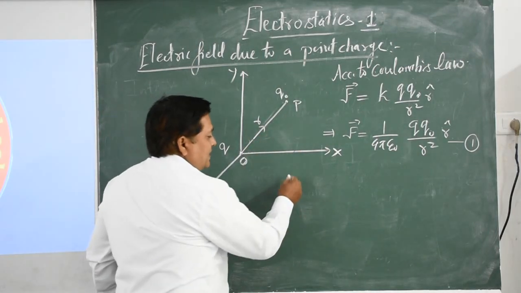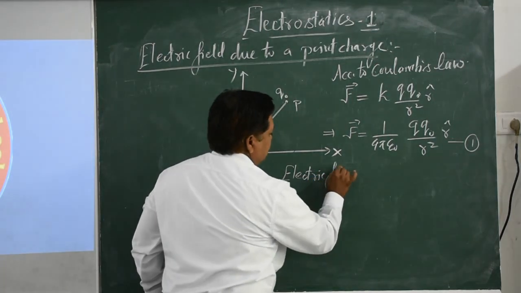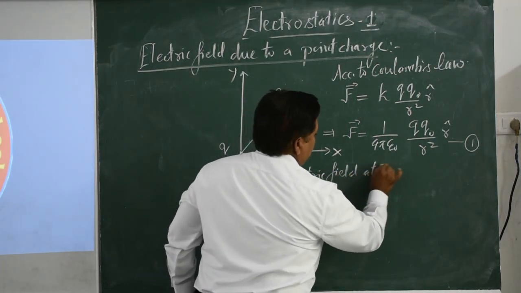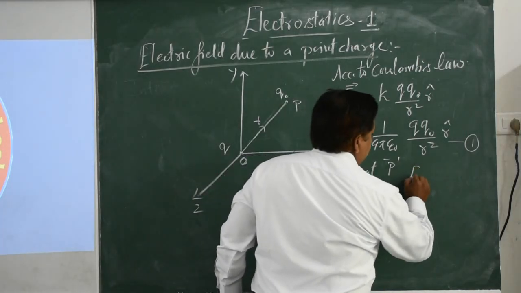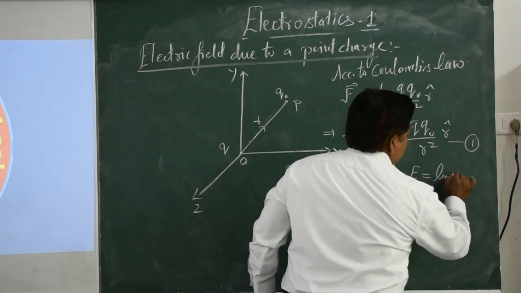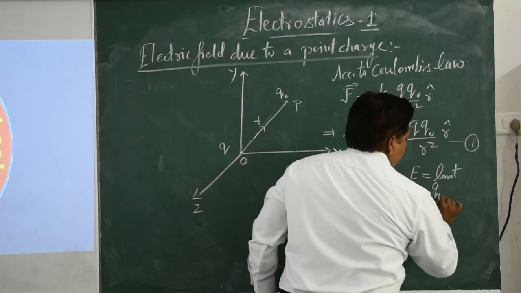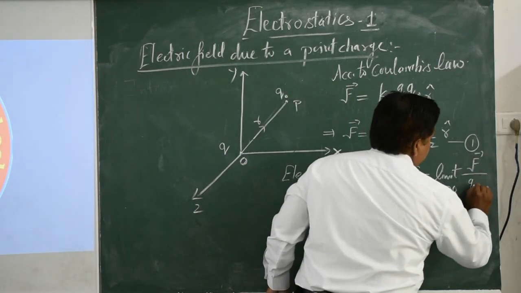So we write the electric field at P as E is equal to limit Q naught tends to 0 of force per unit test charge.